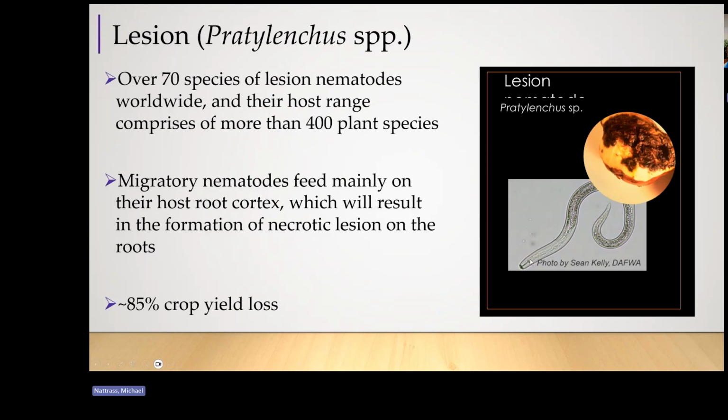And so they would determine how many nematodes you have in there that are causing these lesions. Do you have the sign? Here is the symptom. We've got these lesions. What is the sign? Bacteria or nematode?